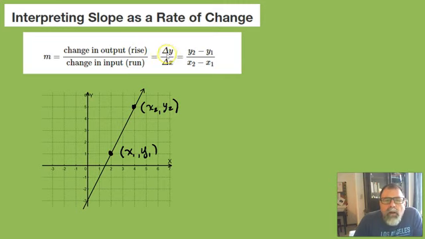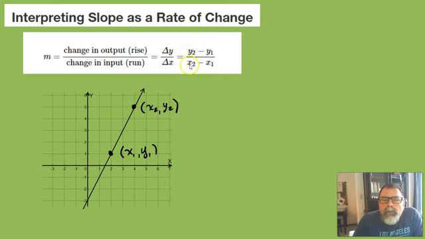So change in y is the change in output, and you're going to subtract the y-coordinates. And then the change in input, the run, is the x-axis going side to side. We put delta x, or we can read it as change in x. Again, that's the Greek letter delta. So delta y, delta x, and we can also read it as change in y, change in x.